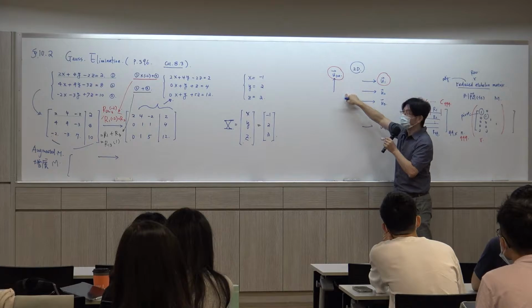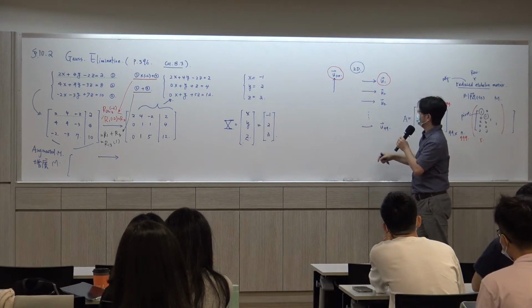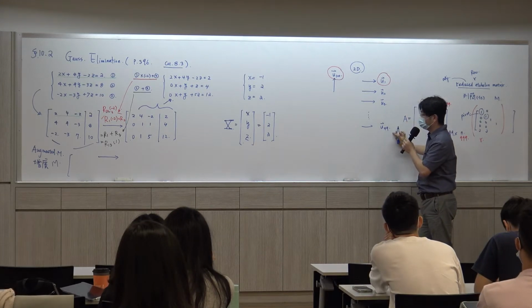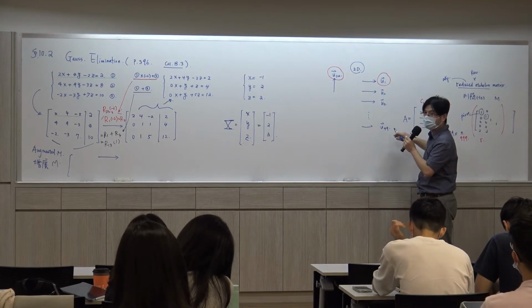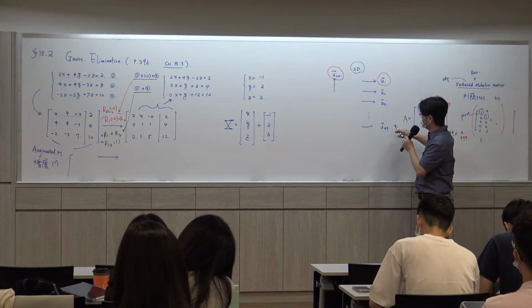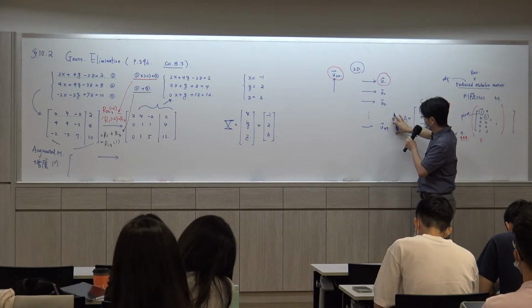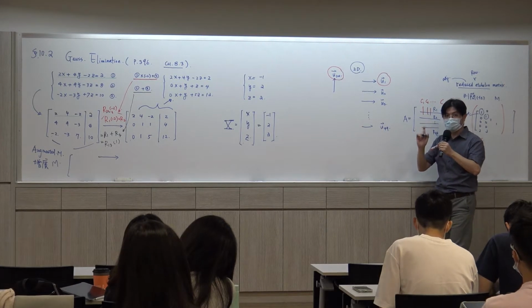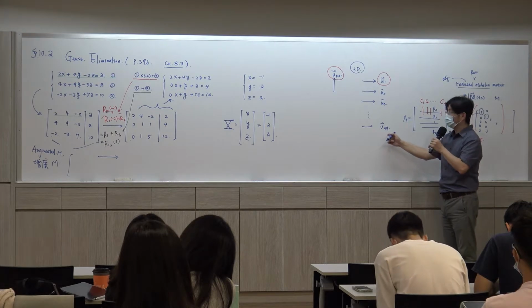So the dimension is 2, right? So if we have 99 vectors, but they are linear dependent, the space that the 99 vectors span is only 1. So this is very important.